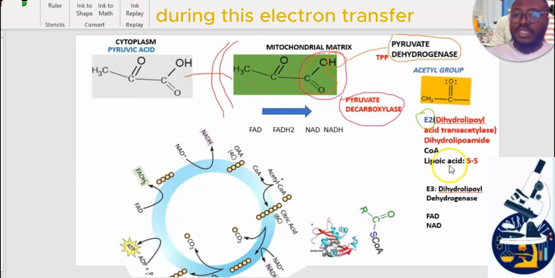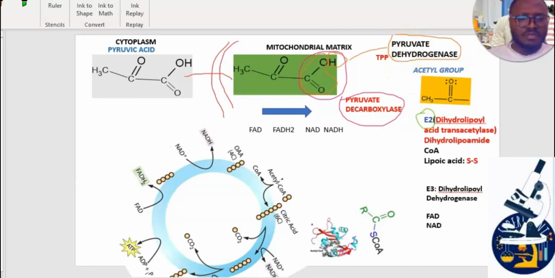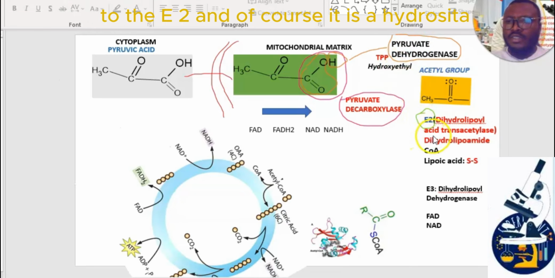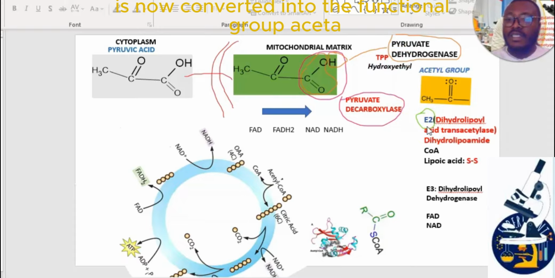During this electron transfer, the hydroxyether that was from here, the E1, to the E2, and of course it is a hydroxyether TPP complex that was transferred to E2 here, is now converted into the functional group acetyl.